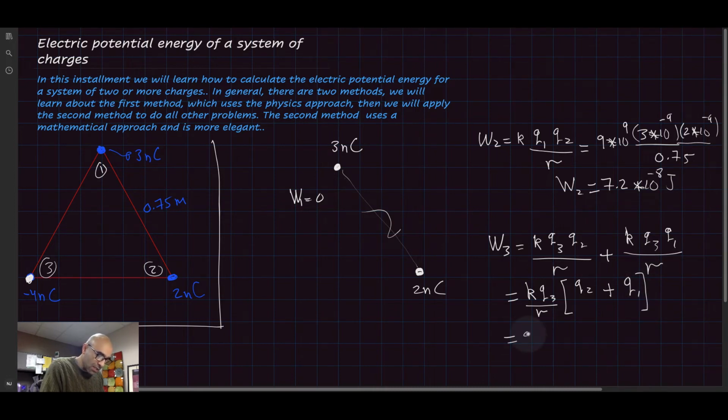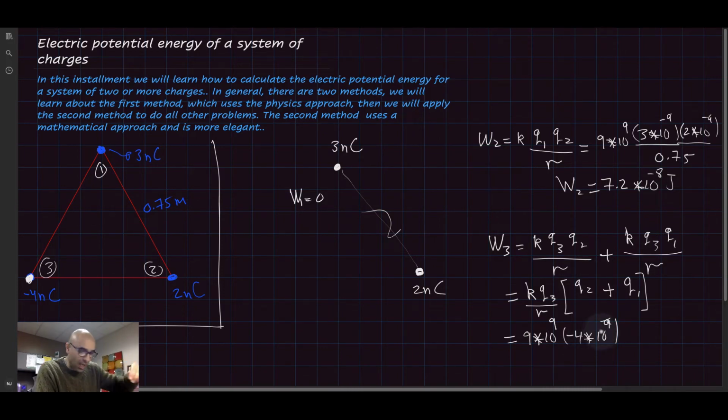So K is 9 times 10 to the power 9, and Q3 is minus 4 times 10 to minus 9. Notice that we put the sign of the charge Q3 because it's minus. We put it here because work is energy, and energy is a scalar, so we plug in its value, whether it's positive or negative.